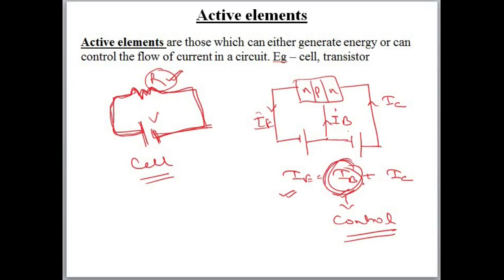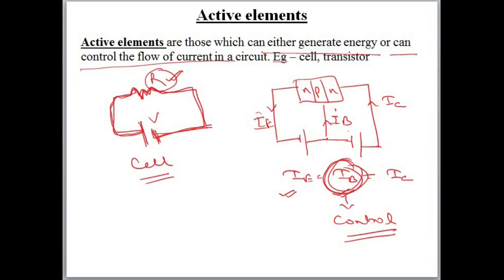So this base is the control part. So active elements either generate some charge carriers or allow some current to flow in the circuit, or can control the current. Either generate energy or control the flow of current. These are called active elements.